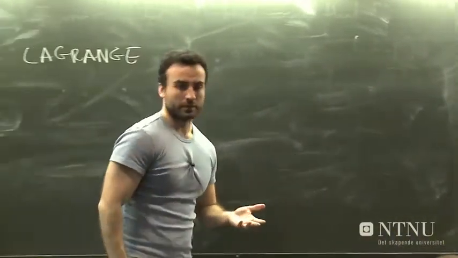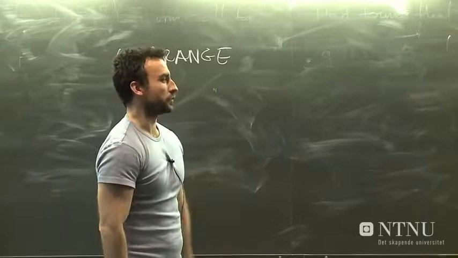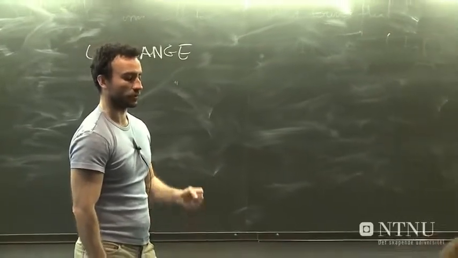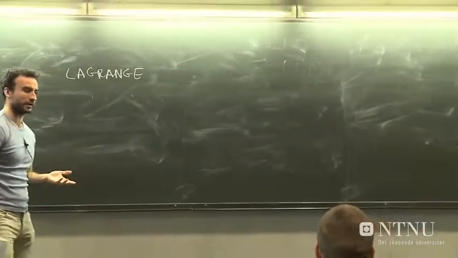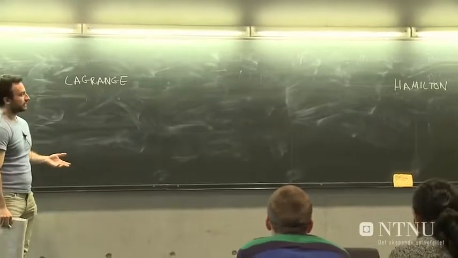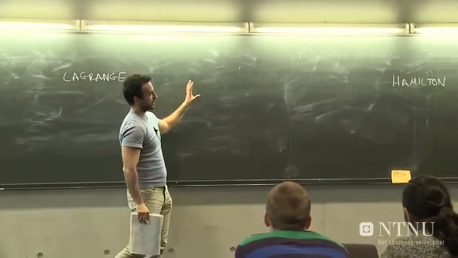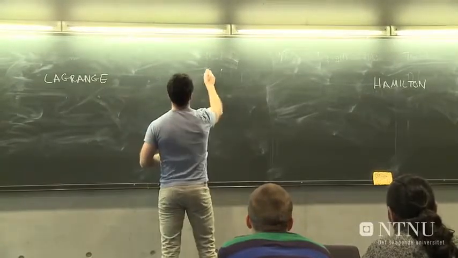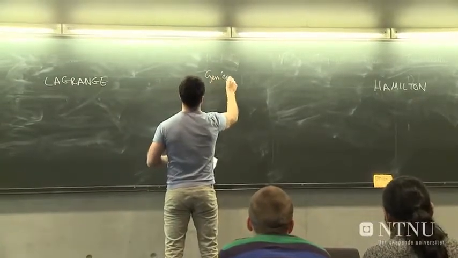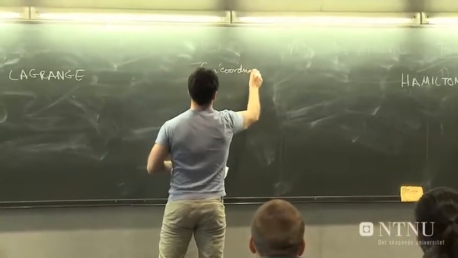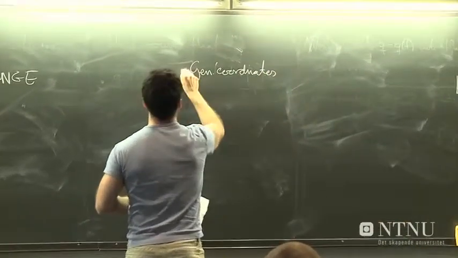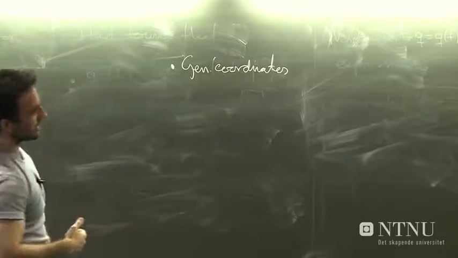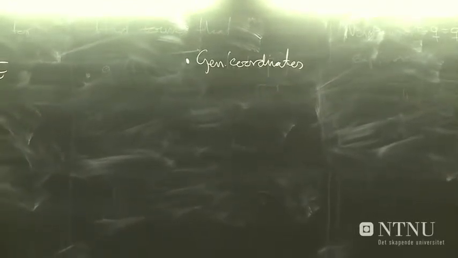So as you know, the two most fundamental concepts in this course have been the treatment of Lagrangian and Hamiltonian formalism. Now, these formalisms have some features which are common to them. For one thing, we need a description of the system. So we need a set of what is known as generalized coordinates.